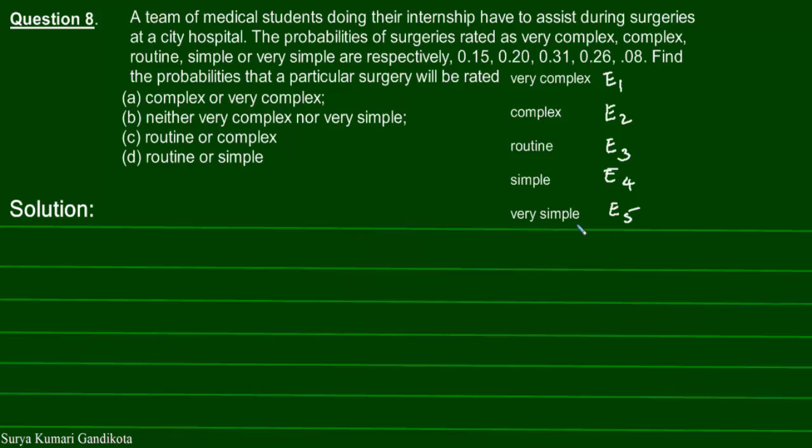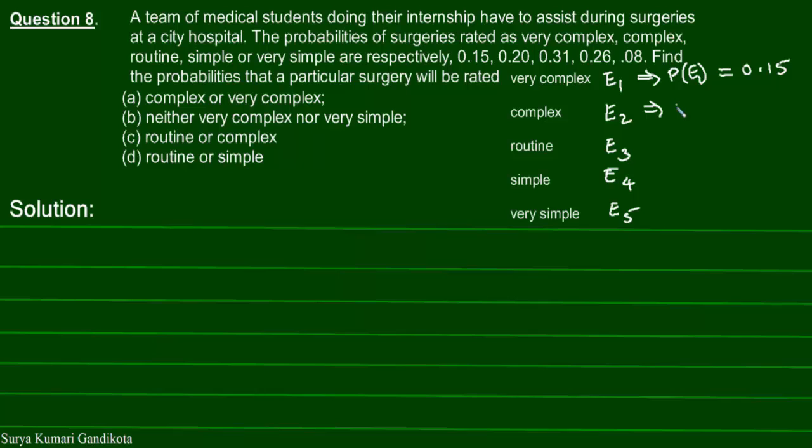as very simple. Therefore, from this we can say that P of E1, because it is given the probability of the surgery being rated as very complex is 0.15.